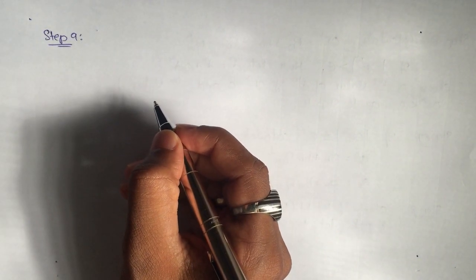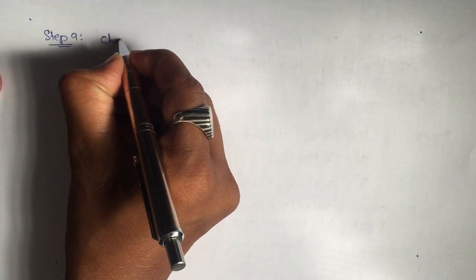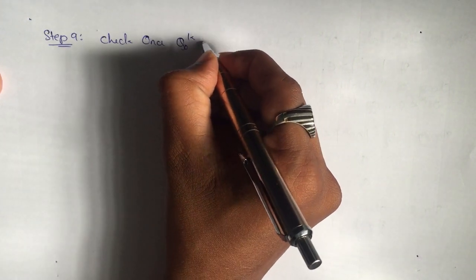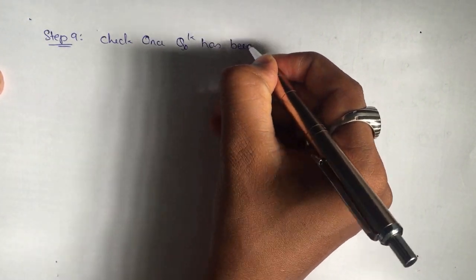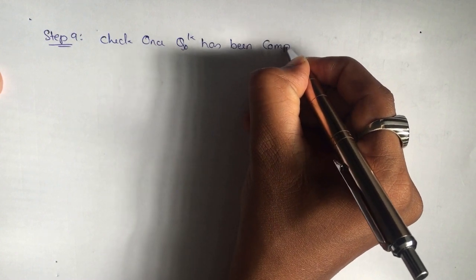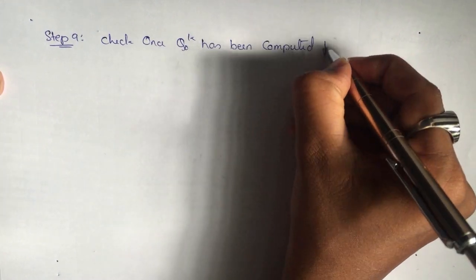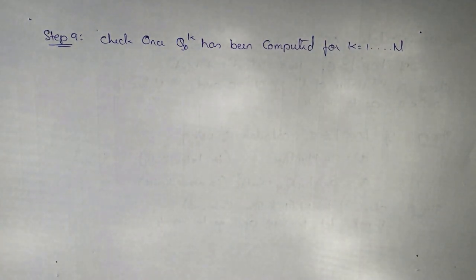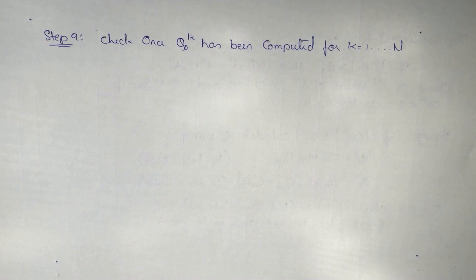After step 8, in step 9, we are going to check once Q naught k has been computed for k is equal to 1 to N. We'll once again verify whether the value of Q naught k has been computed for k is equal to 1 to N or not in this step.